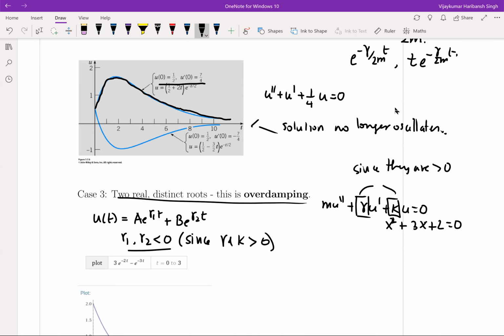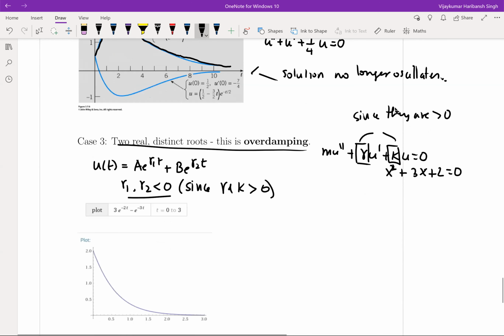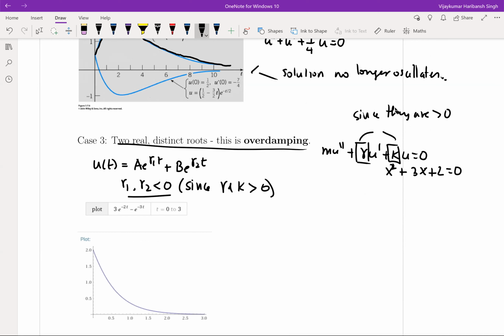And what happens to the u of t then in that case? If r1 and r2 are both less than 0, then u of t will go to 0 as t goes to infinity, right? Because this is with the negative power.